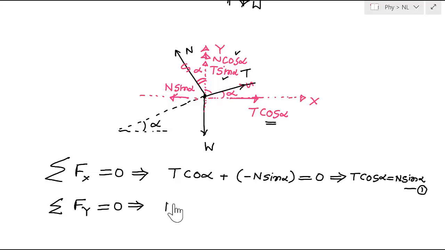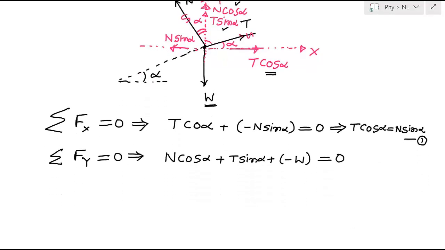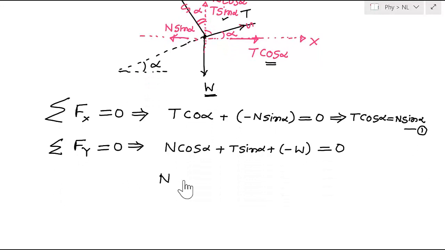So we can write N cos alpha plus T sin alpha, and then there is a force acting along the negative direction of the y-axis. So this is minus W, and the sum of all the forces is equal to 0. So from here I can write N cos alpha plus T sin alpha is equal to W. So this is my equation 2.